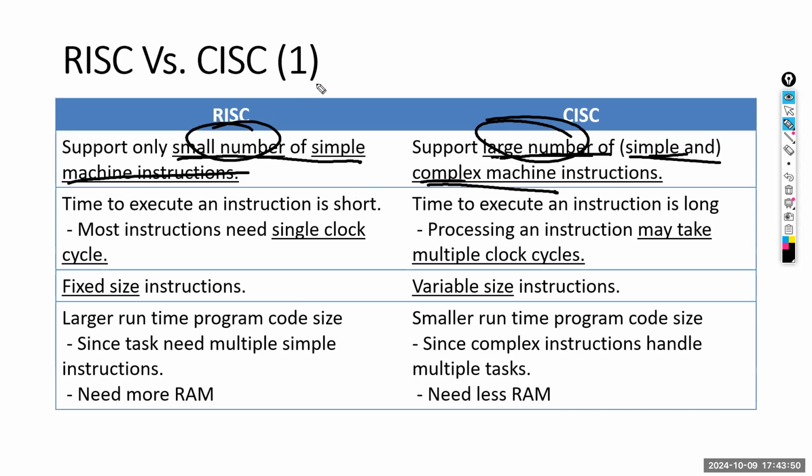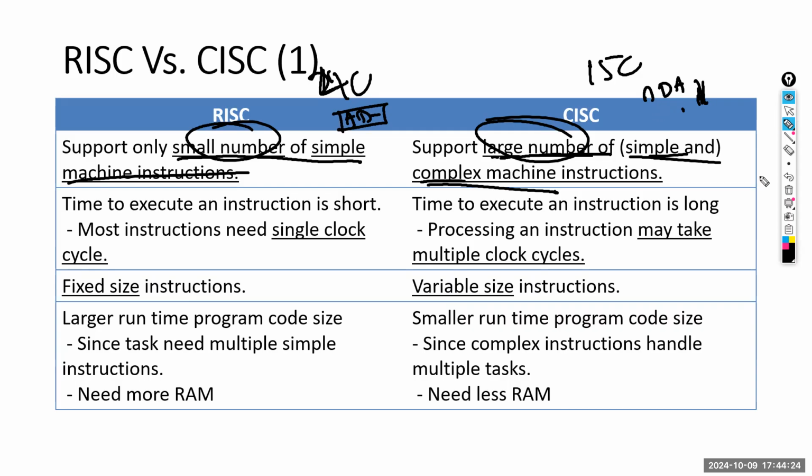If RISC supports altogether, say, 40 instructions, maybe CISC supports 150. Here maybe I have only one add instruction; there maybe three variations of add: add two numbers, add three numbers, add 1 to the current number as a special instruction.